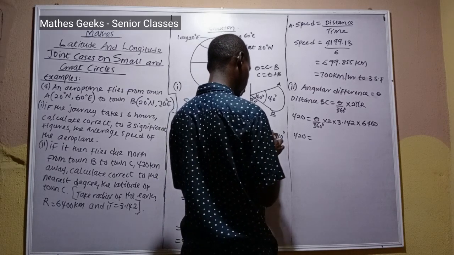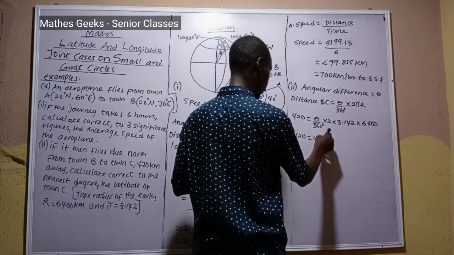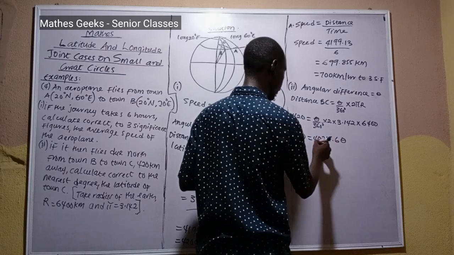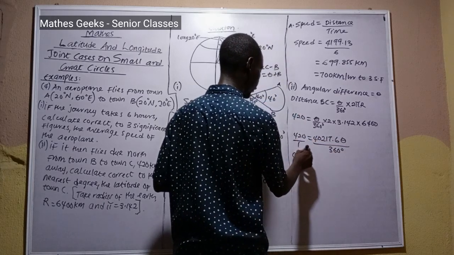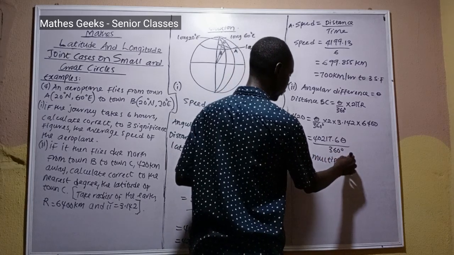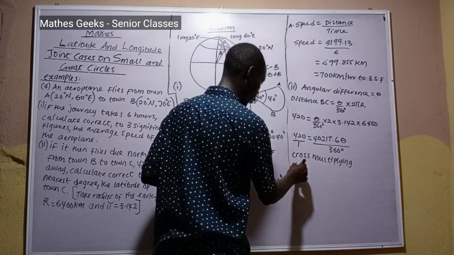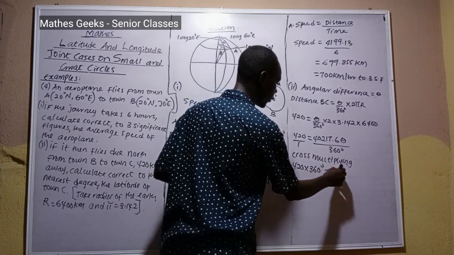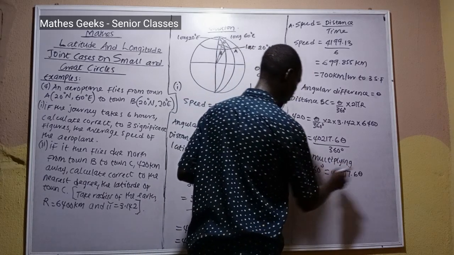So 2 times 3.142 times 6,400 is equal to 40217.6, and this is times theta over 360 degrees. Cross multiplying, we have 420 times 360 degrees is equal to 40217.6 theta.